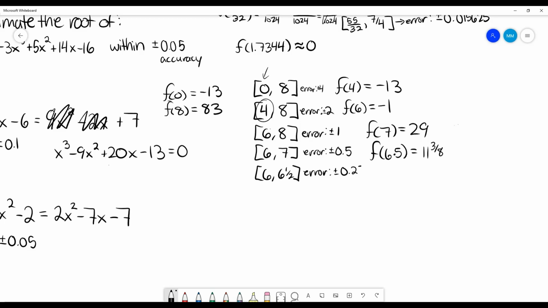Now our error is getting close to where we need it to be, and we're going to cut that in half.